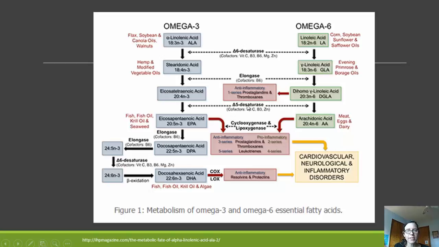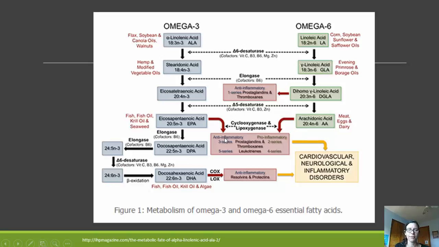So here we see that once we get to EPA and they undergo the cyclic or linear pathways, EPA ultimately produces eicosanoids that are more anti-inflammatory, while arachidonic acid produces eicosanoids that are more pro-inflammatory.